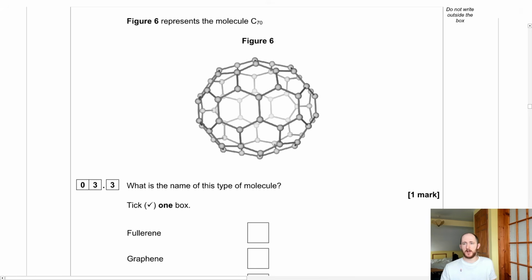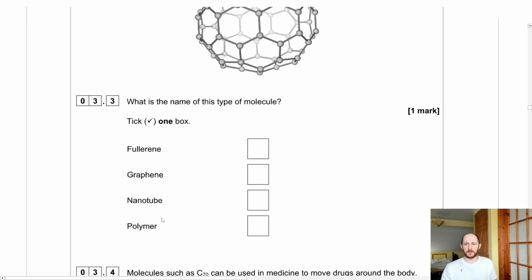Here's another structure of carbon that you're expected to know. This is called C70 and it's in these big hexagonal ball-shaped thing. I'm going to go through some of the other ones. Graphene is a sheet, right? It's these flat sheets of paper, almost, but of course made out of graphene instead. Nanotubes are tubes. So we know it's neither of those things.